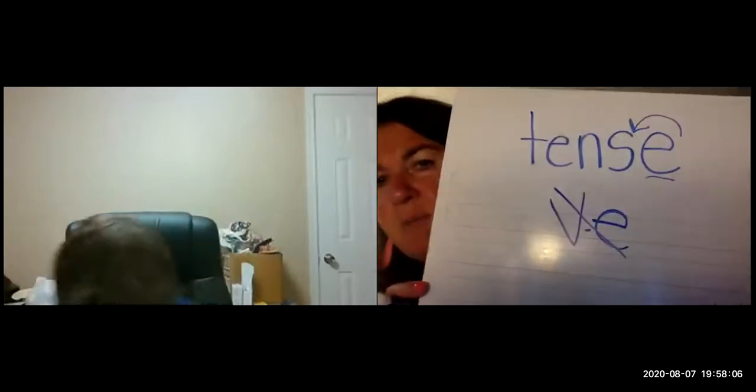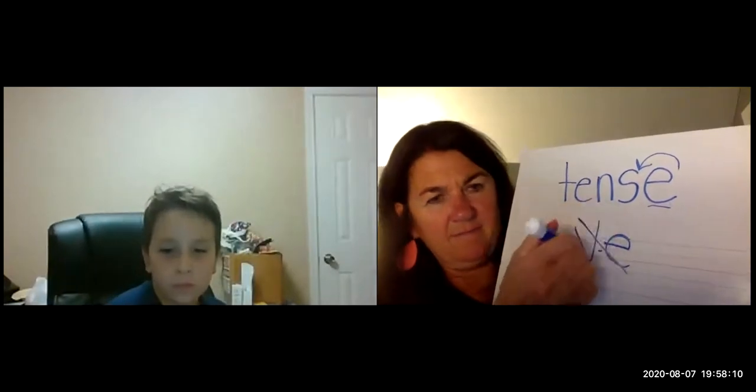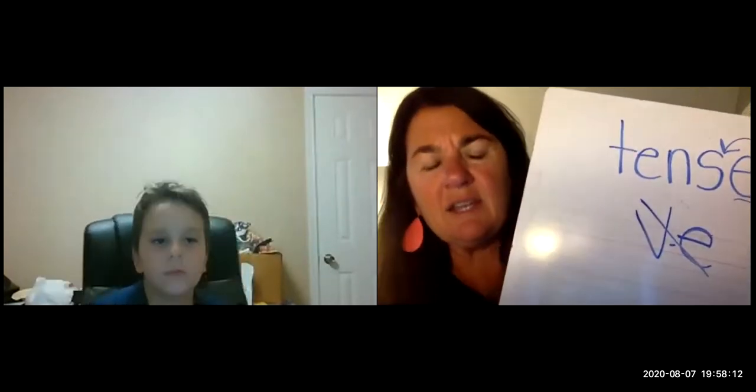And how we mark our IVE with our vowel consonant, it's not a vowel consonant E. It is closed, but that's how we kind of mark it. That's how we learned how to mark it.